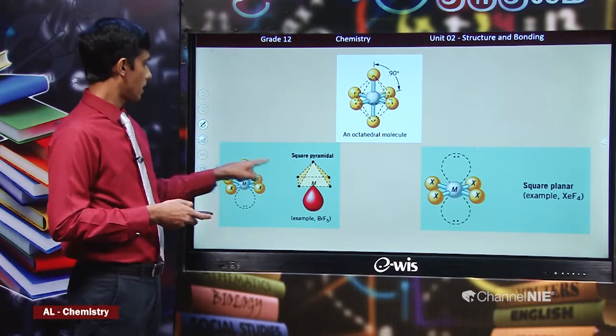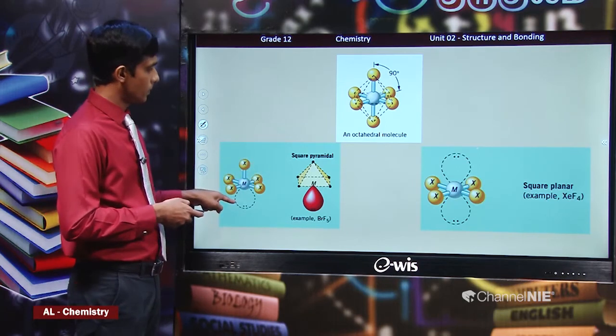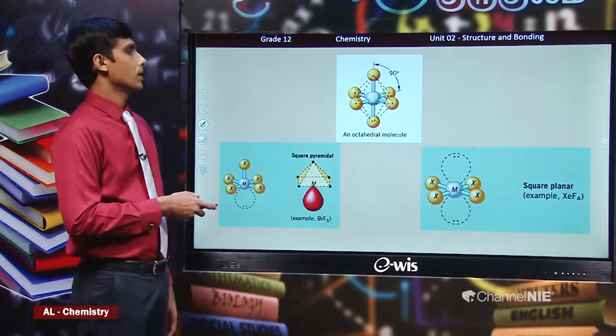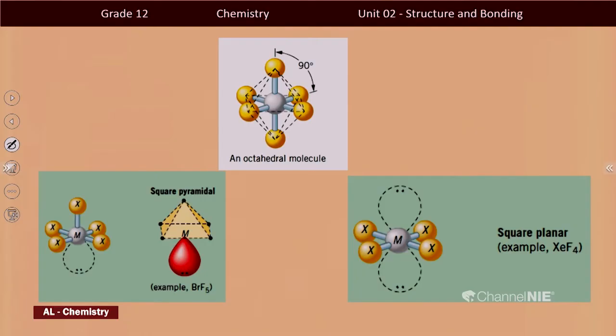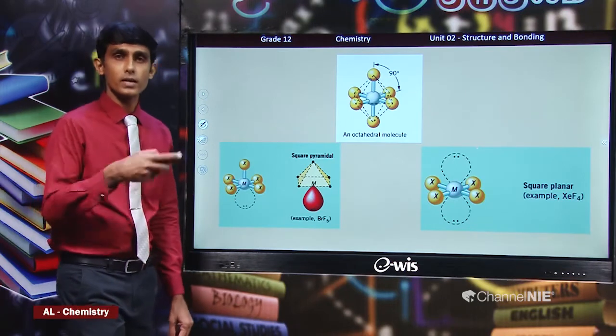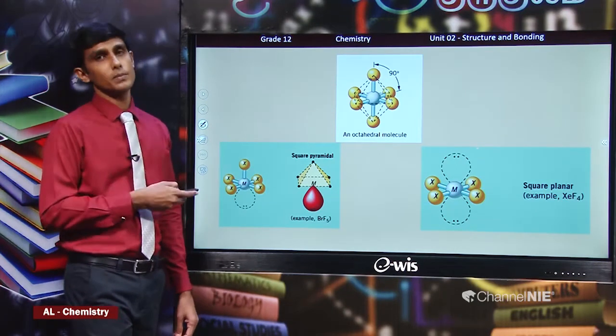This is how square pyramidal shape looks, and this is how square planar shape looks. That is the way we deduce the geometries and shapes of ions as well as molecules around their central atoms based on the VSEPR theory.